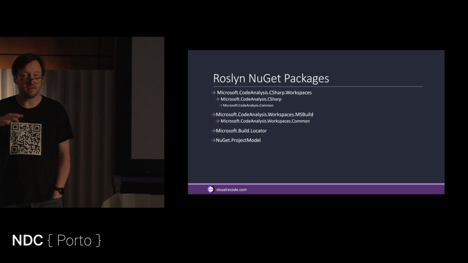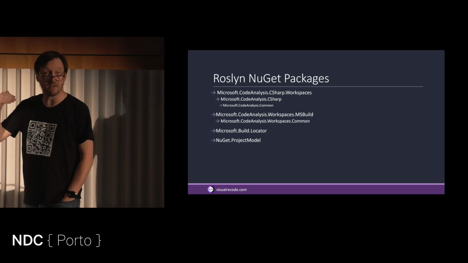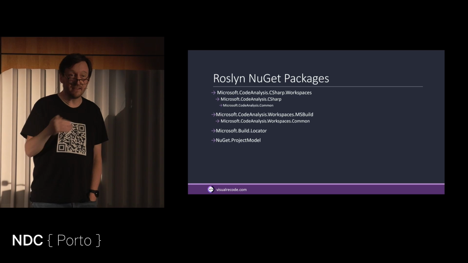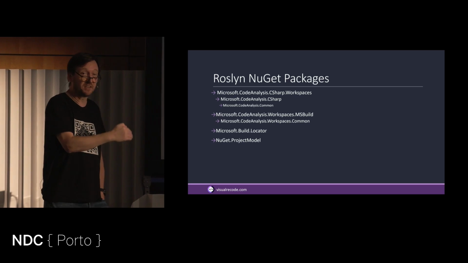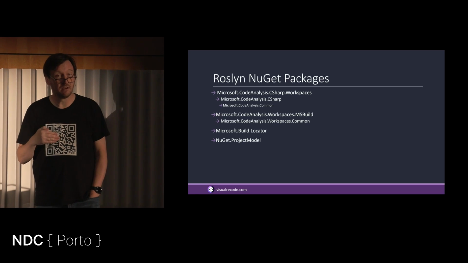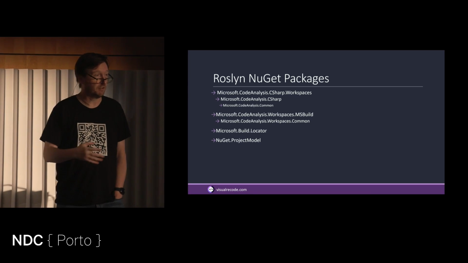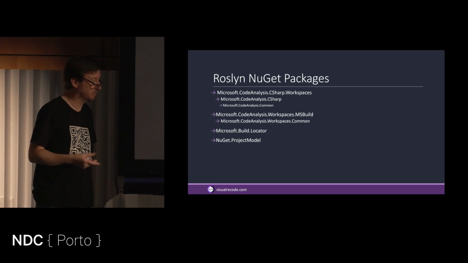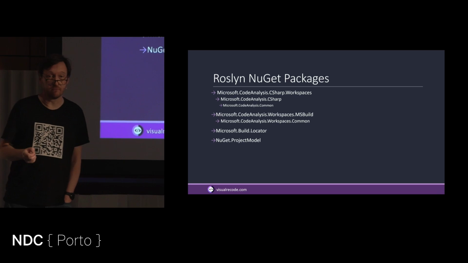One of the maturity signals for any programming language is: is the compiler for that language written in that language? They call that being self-hosted. And nearly all languages are self-hosted. Like the TypeScript compiler is written in TypeScript, for example. And the C# compiler still wasn't written in C#.